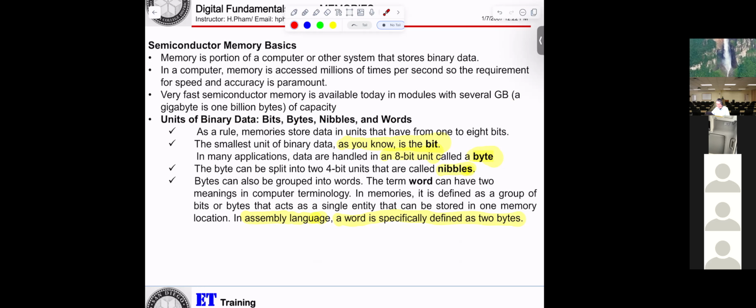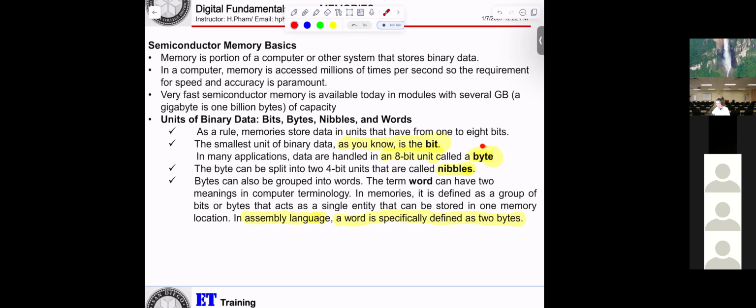At the root, memory stores data in units that have from 1 to 8 bits. The smallest unit of binary data, as you know, is a bit. That means the smallest. In many applications, data are handled in 8 bits.